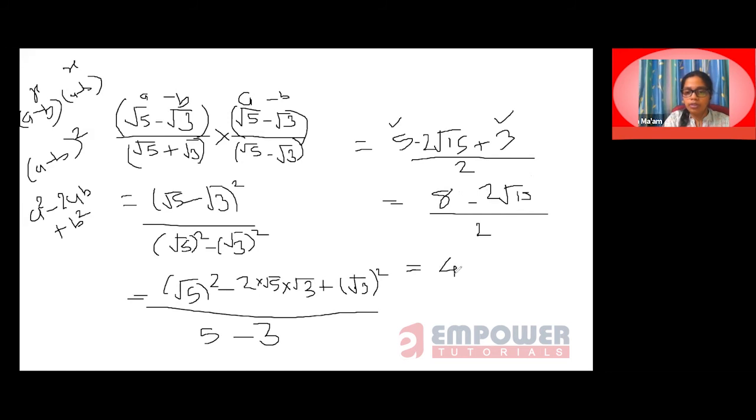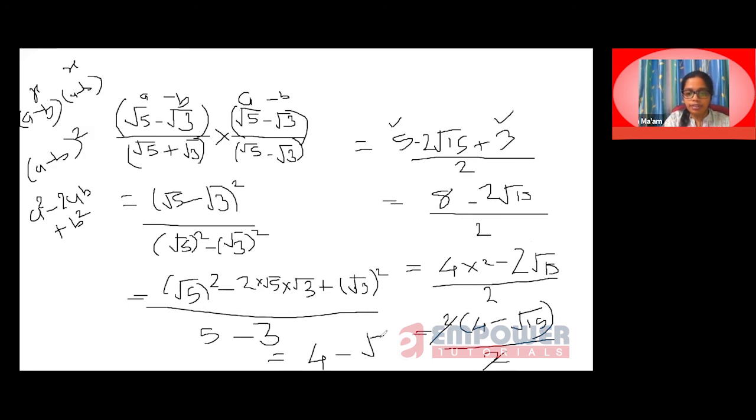So this will be equal to 2 into (4 minus root 15), and in the denominator 2 will be there. So 2 will get cancelled and the final answer will be 4 minus root 15.